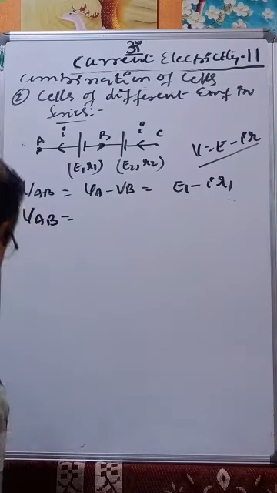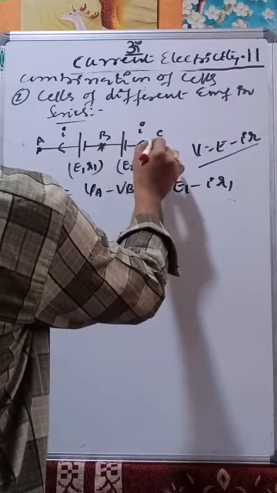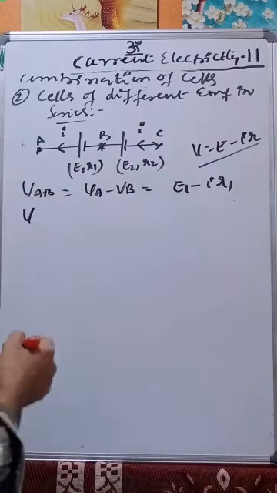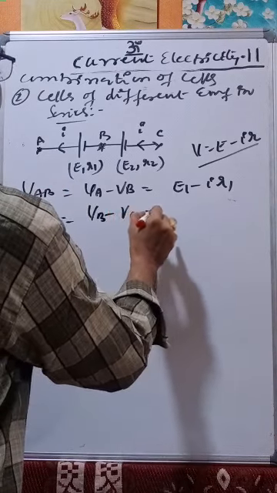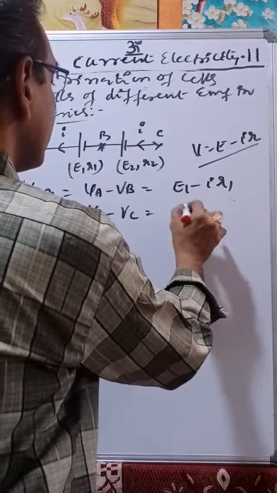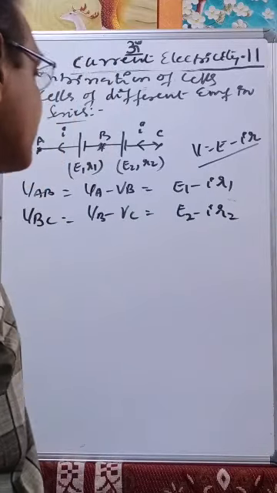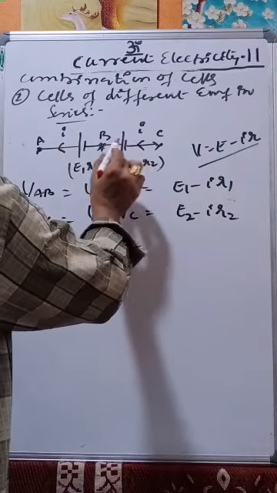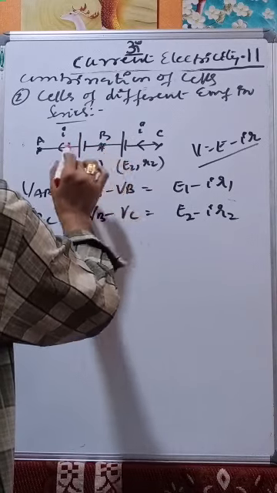Now, the potential between B and C, current direction is the same. Between B and C, VBC equals VB minus VC, that equals E2 minus Ir2. As this is positive-negative, these are in series. No wrong connection here.